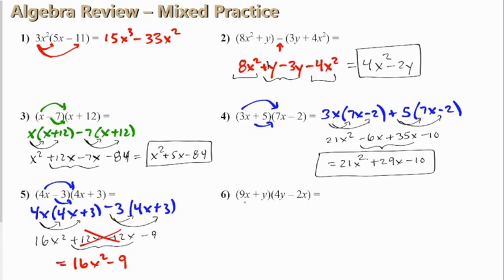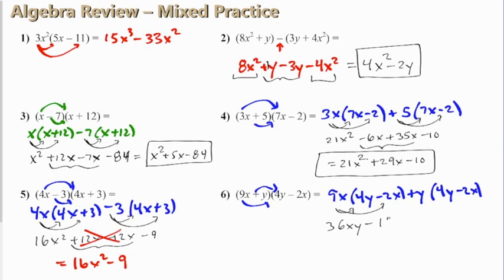And for our last problem, 9x times 4y minus 2x plus y times 4y minus 2x. When we do our second layer of distributive property, 36xy, notice it's two different variables, minus 18x squared, they have the same variable, plus 4y squared minus 2xy.